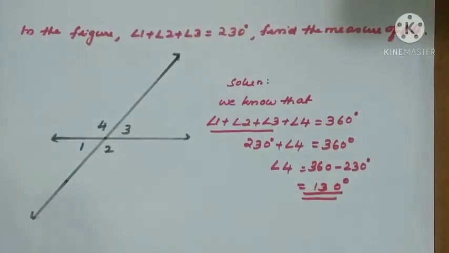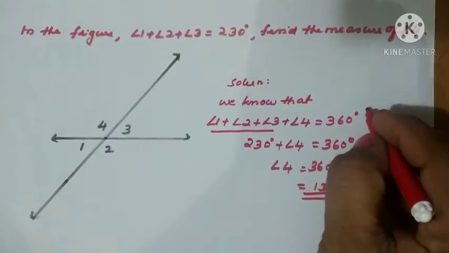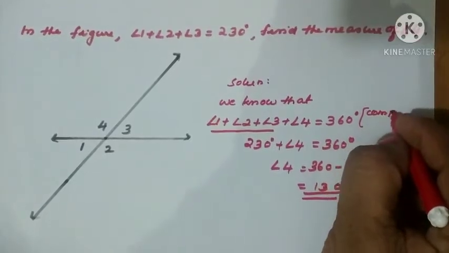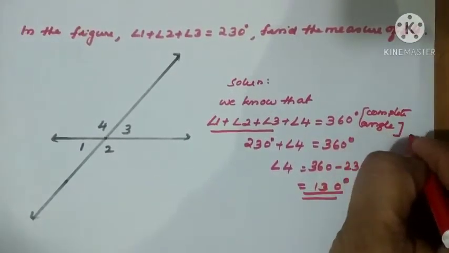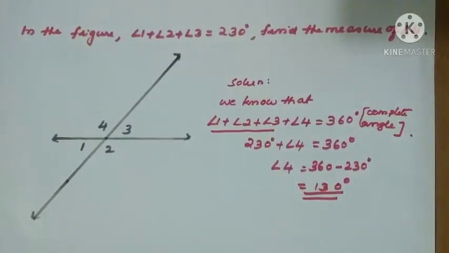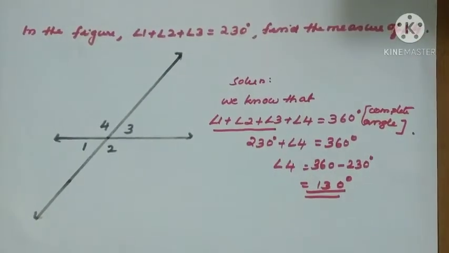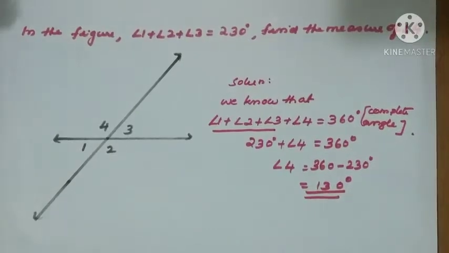Simple only, based on the concept of complete angle. So we got the value for angle 4 is equal to 130 degree. So in this, the last two sums, we have used the idea of a complete angle only.